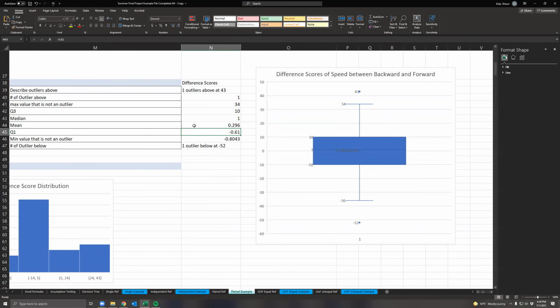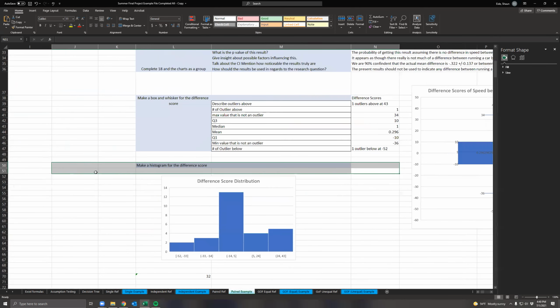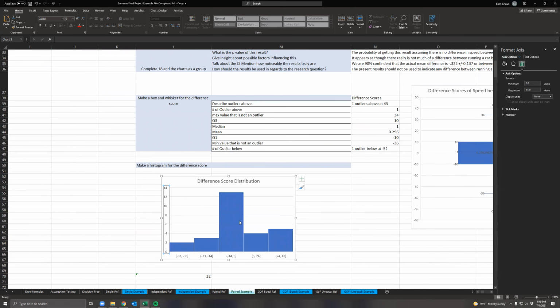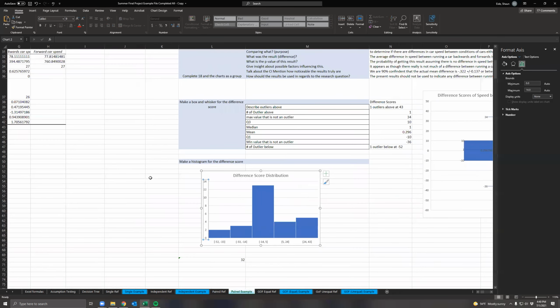Q1 is negative 10. The min value that's not an outlier is negative 36. The number of outliers below is one, at negative 52. And once again, we've got the histogram, which you guys know how to make.